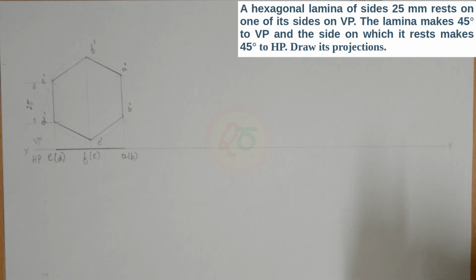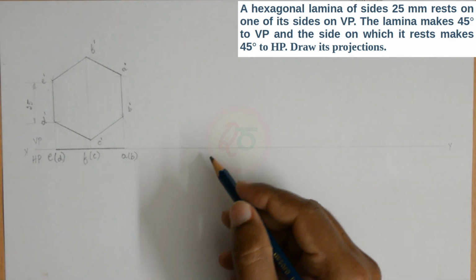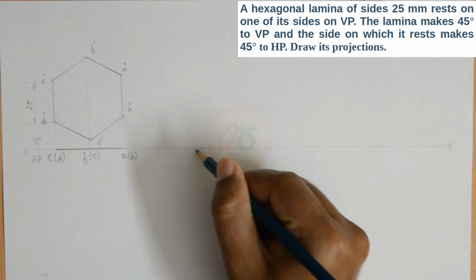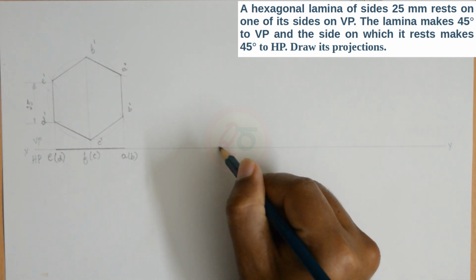Now the question states that the lamina makes 45 degrees to VP. Measure 45 degrees. Choose a random point on the XY line sufficiently away from the first position that you have drawn.